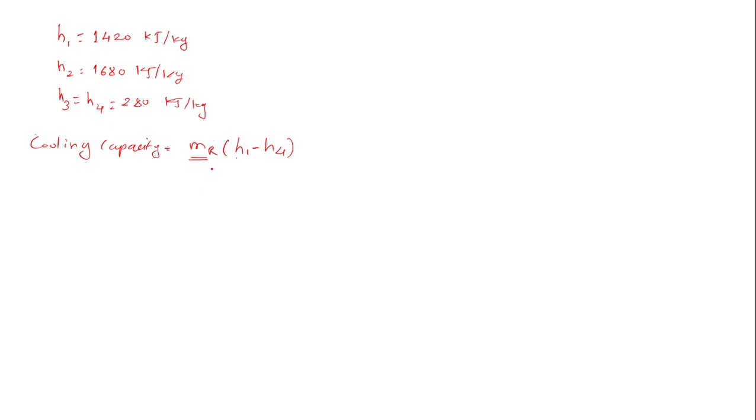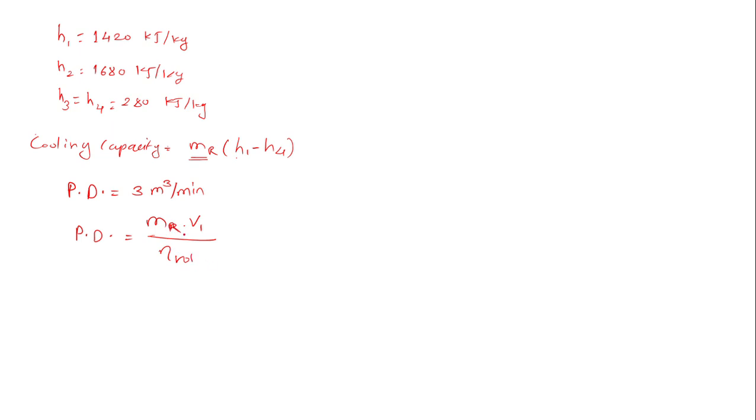To get this mass flow rate of refrigerant, I can make use of the data given over here, that is the piston displacement. Piston displacement is given as 3 meter cube per minute. So I can use this data to find out the mass. Now the formula for piston displacement is mr into V1 divided by volumetric efficiency.